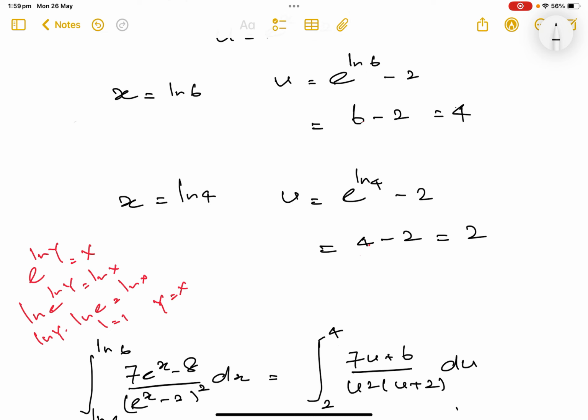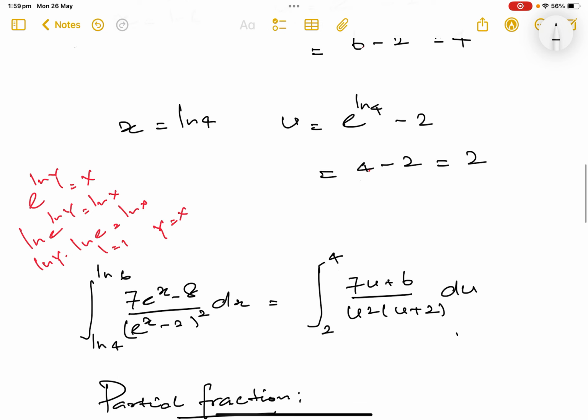Those of you who wonder how we get e to the power ln 6 is 6, I'll just give you a little explanation. This is purely the logarithmic identities. Say e to the power ln y is just a number x. That's what we need to find. Then if you take the log of both sides, ln of e to the power ln y equals ln x.